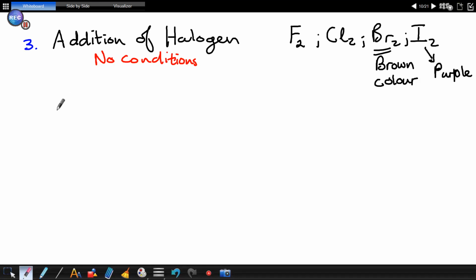Okay, so an alkene, look at my spelling, an alkene and a halogen will give you what? Okay. Which one do you want to use? Fluorine.